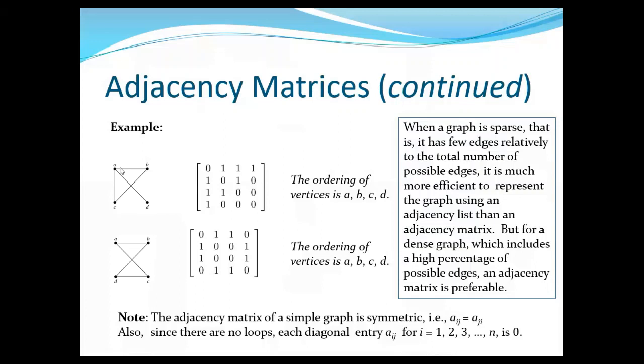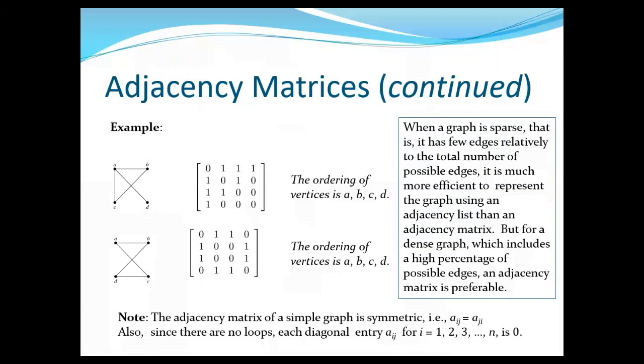For C, it is connected to A and B, so this is 1, 1, but there's no connection between C and D, so the fourth column is 0, and there's no loop, so the third column is 0. For D, it is only connected to A, so we have 1 in the first column, and the rest is 0.